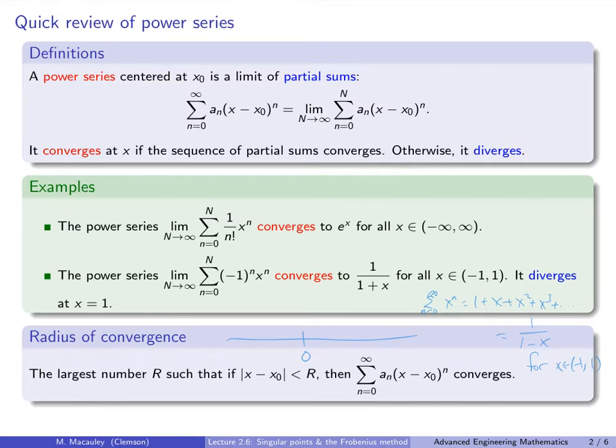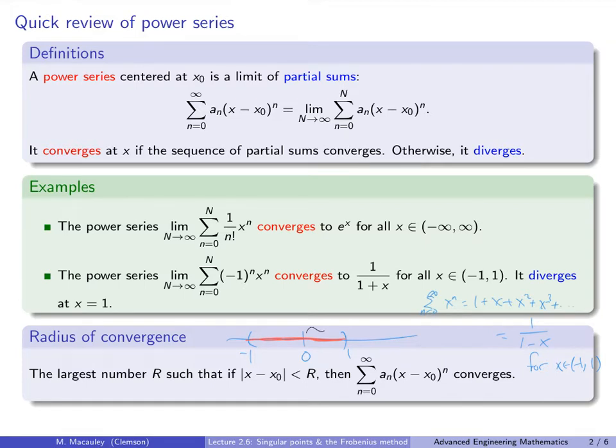Otherwise, if you plug in any other number, this thing is not going to converge to anything. It's going to diverge. On the real line, if this is 1 and this is negative 1, then the power series converges in this interval. So we can define the interval of convergence, and the radius of convergence is just the radius of this interval.